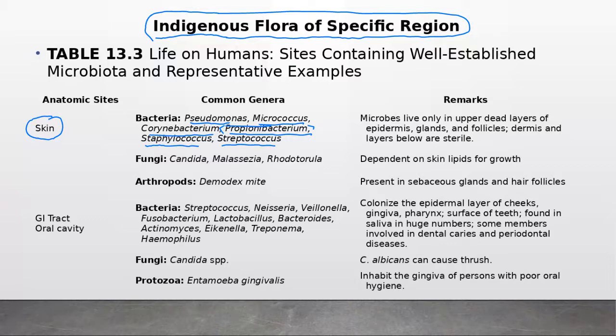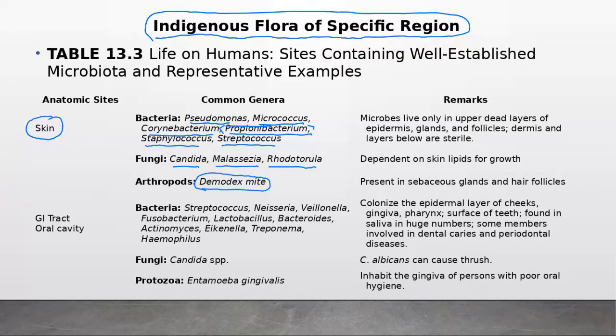For the fungi, like Candida, Malassezia, and Rhodotorula, these are normal flora that usually also live in our skin. For the arthropods, which are actually animals, Demodex mite is an example of some insect, and lice also live on human skin.